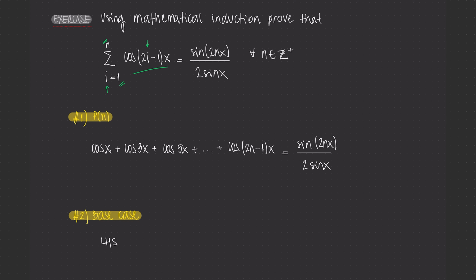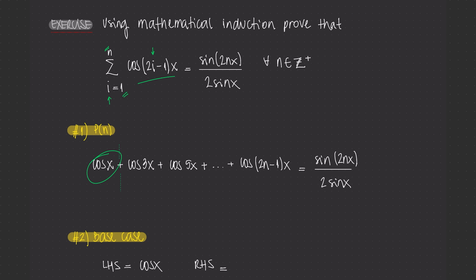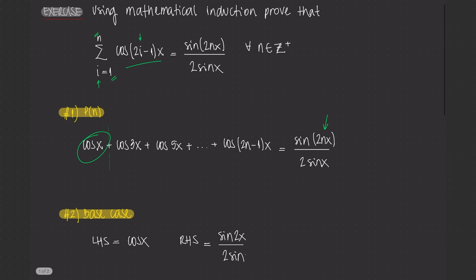On the left-hand side, we have n equals 1, which is exactly how we got this term right here. So the left-hand side is equal to cosine of x. Now the right-hand side is obtained when we substitute n by 1. So we have sine of 2 times 1 times x, so sine of 2x, over 2 sine of x.